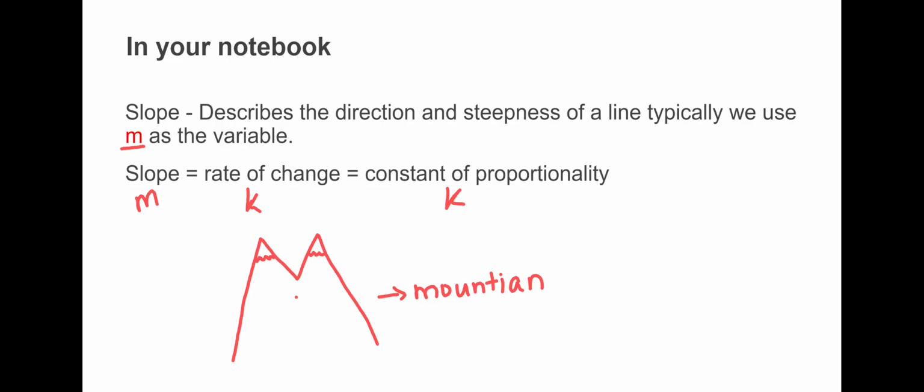Now, when we are going to the mountains, we ski up the mountain. So here's my little skiing dude, and he's going to go up the slope on the mountains. And it's not why we use M, but it's a good way to help you remember that we use M to describe slope.